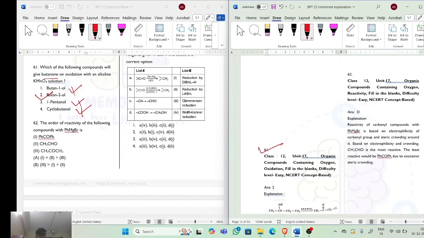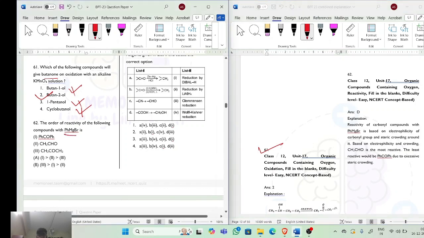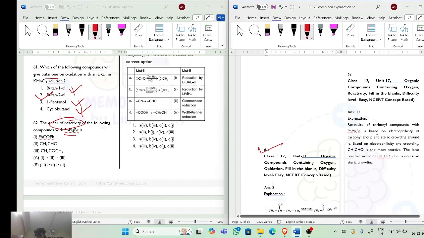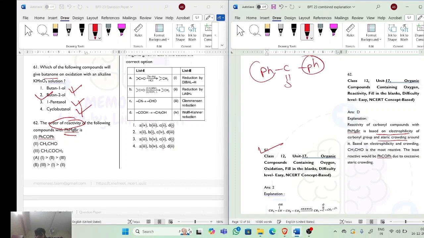Now question number 62. The order of reactivity of the following compounds with PhMgBr is. So we have to find the order of reactivity. The order of reactivity with PhMgBr is based on the electrophilicity of the carbonyl compound and the steric hindrance present on that compound. So the first compound is Ph-CO-Ph. There are two phenyl groups which provide much more steric hindrance.